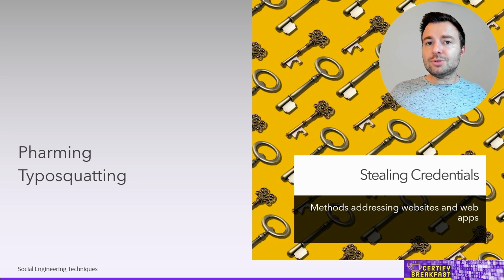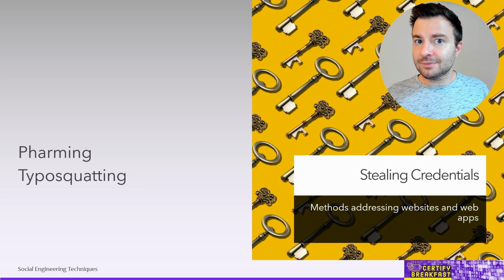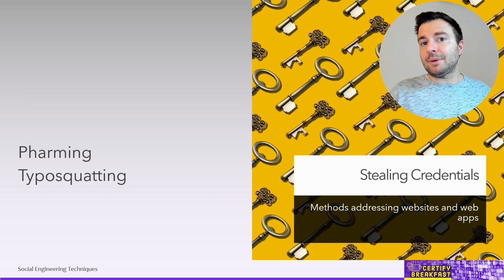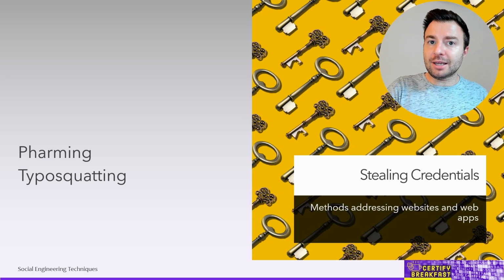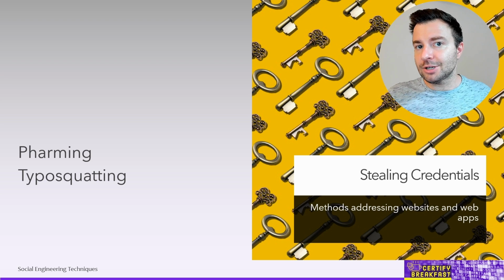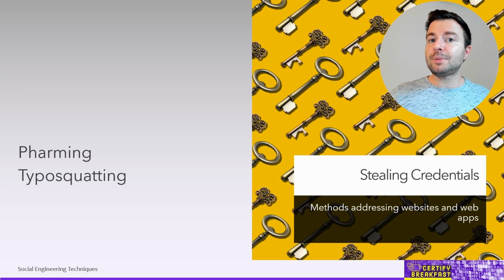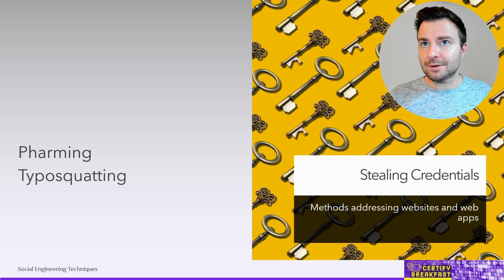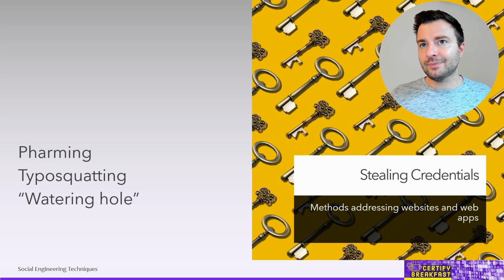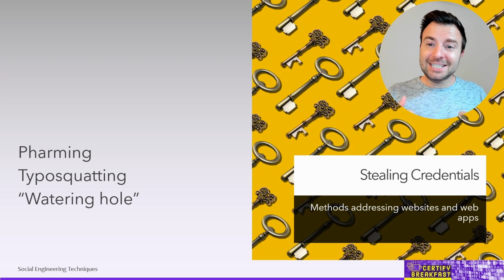And sometimes they're going to type, I don't know, Netflix, all right, with an M. Well, somebody might register that name, make a page that looks like the Netflix regular login page, and steal your Netflix credentials when you happen to hit that web page and enter your credentials in there. That's typo squatting.